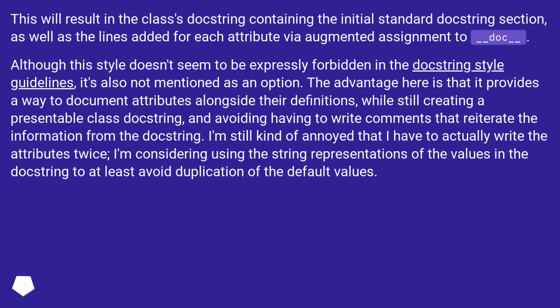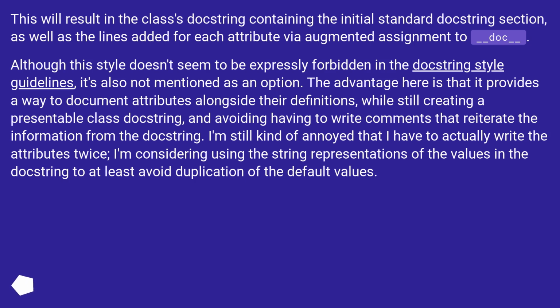Although this style doesn't seem to be expressly forbidden in the docstring style guidelines, it's also not mentioned as an option. The advantage here is that it provides a way to document attributes alongside their definitions, while still creating a presentable class docstring, and avoiding having to write comments that reiterate the information from the docstring.